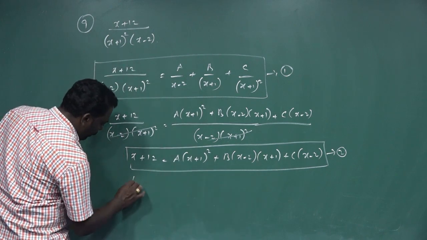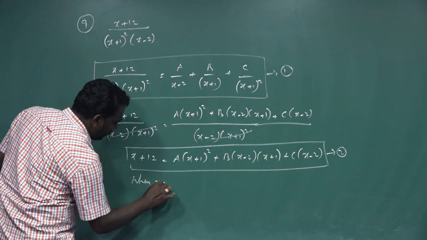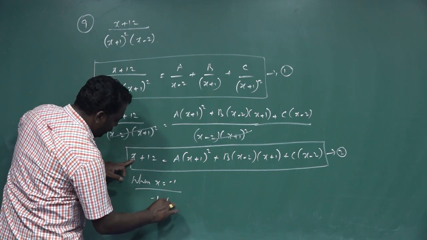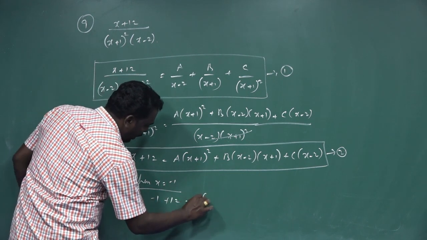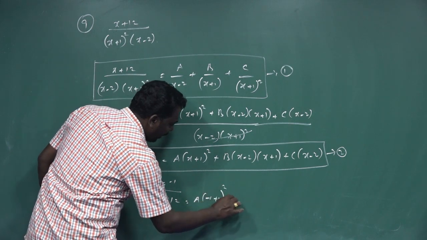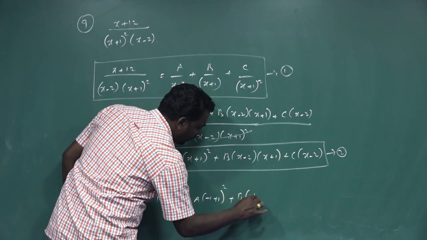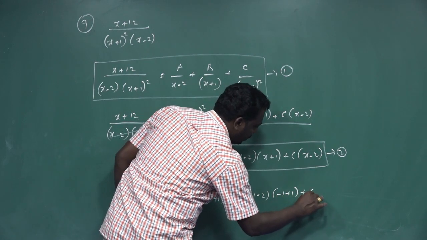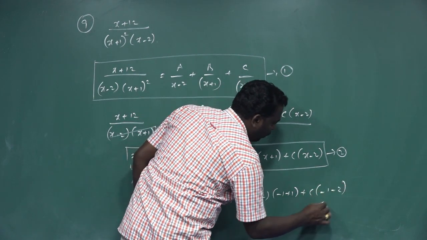Now first, put x equal to minus 1. X value equal to minus 1 plus 12, that is equal to a into minus 1 plus 1 whole square, plus b into minus 1 minus 2 into minus 1 plus 1, plus c into minus 1 minus 2.